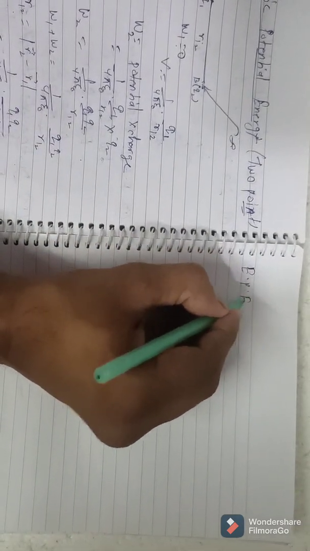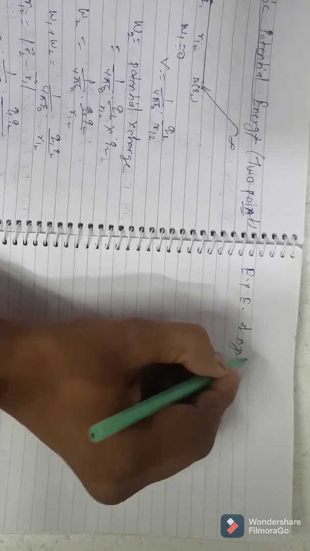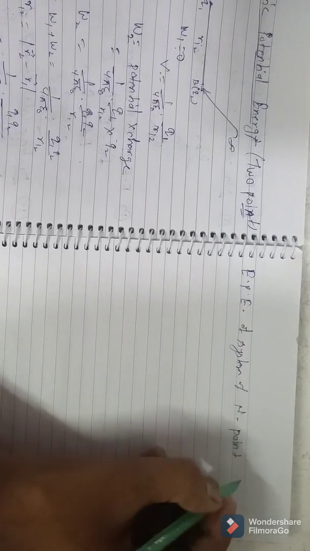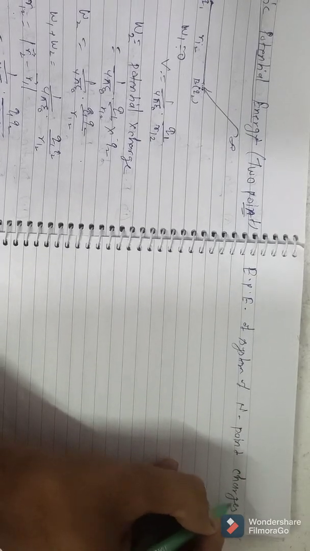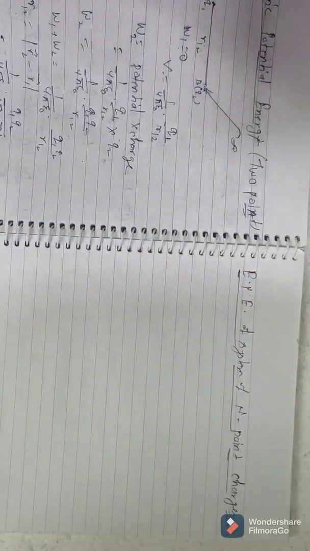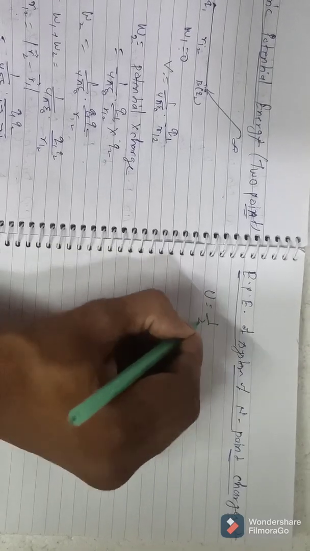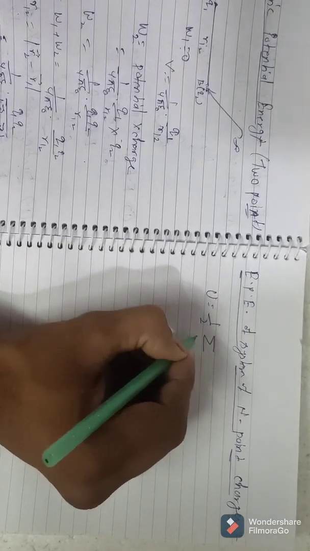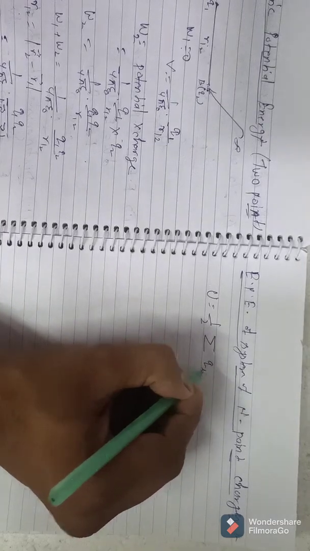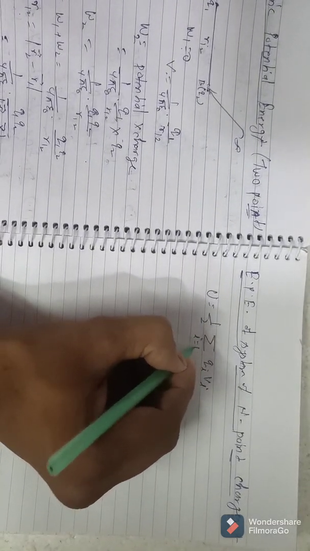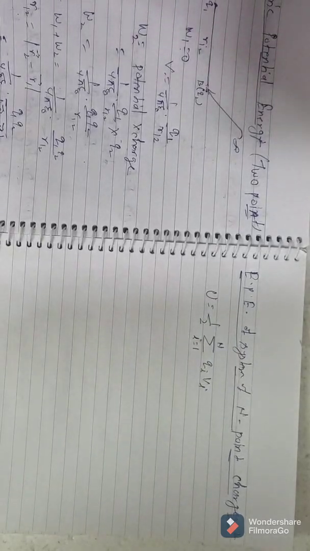The electric potential energy of a system of n point charges, the final formula, will be half summation of qi vi, where the value of i ranges from 1 to n, where n is the total number of charges.